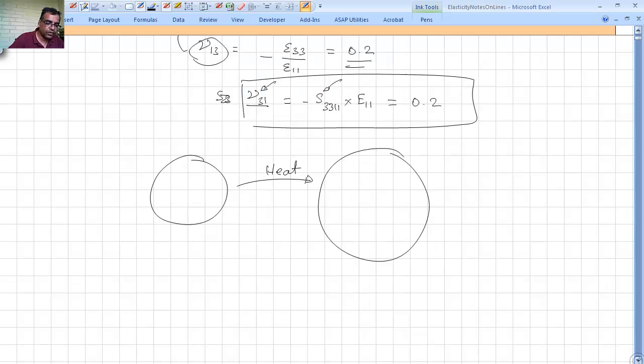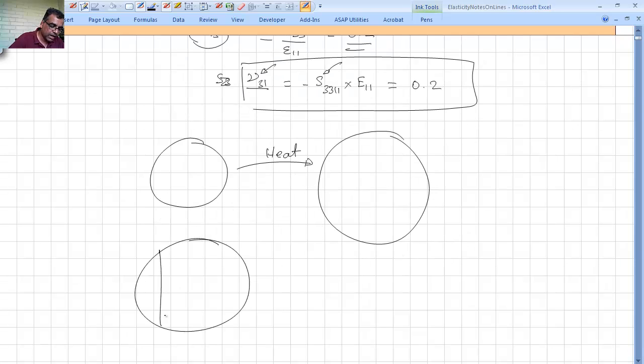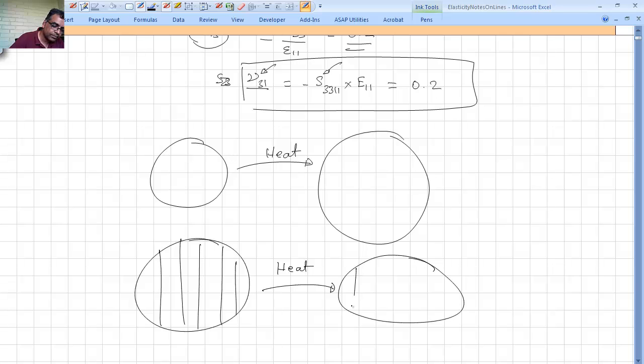But imagine I had a sphere which had wires on it this way. Most likely when I heat it, it will become like this. It won't expand that much in this direction as it will in this direction if this is very stiff and low expansion.